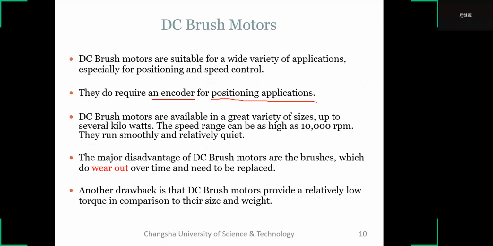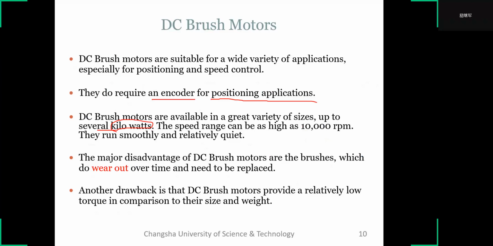DC brush motors are available in a great variety of sizes, up to several kilowatts, and the speed range can be as high as 10,000 RPM. They run smoothly and relatively quietly.